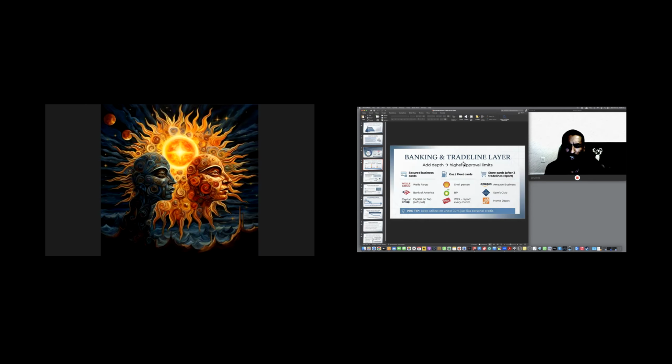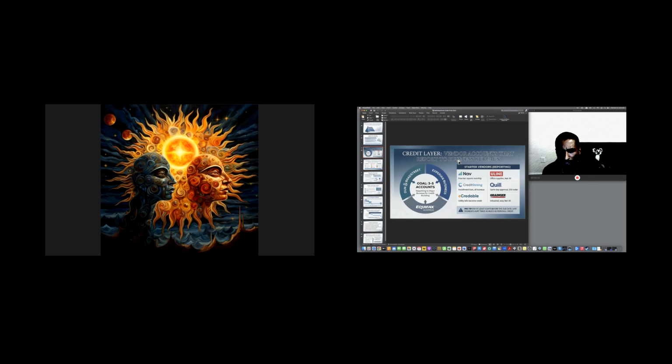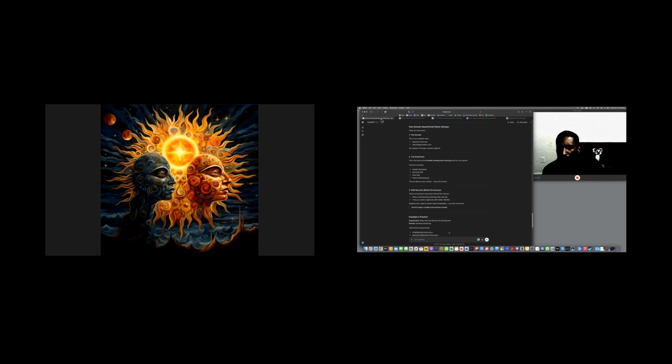Banking and trade line layers. You want to add depth here to get higher approval limits. So when we get our starter vendor accounts onto our Experian, our Equifax, and our DUNS report, which you can see here. Okay.